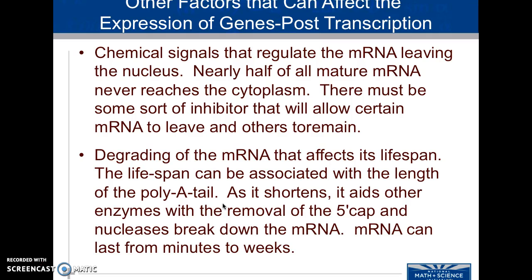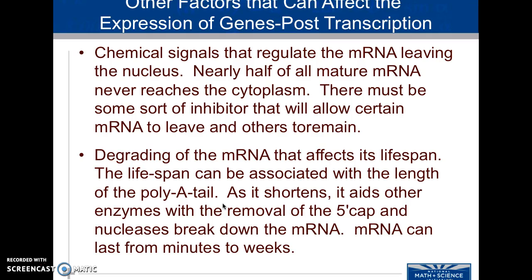There are a couple other factors that can impact the expression of genes post-transcription. Chemical signals that regulate the mRNA leaving the nucleus. Nearly half of all mature mRNA never reaches the cytoplasm because there's some sort of chemical inhibitor that keeps it from leaving the nucleus. Degrading mRNA affects its lifespan.